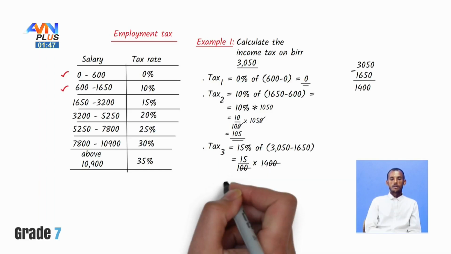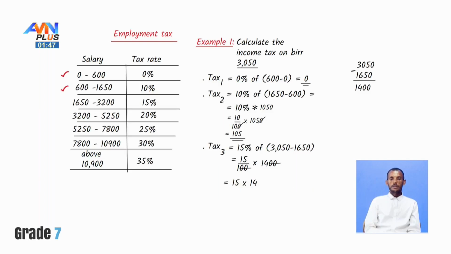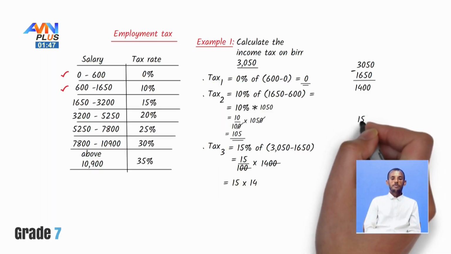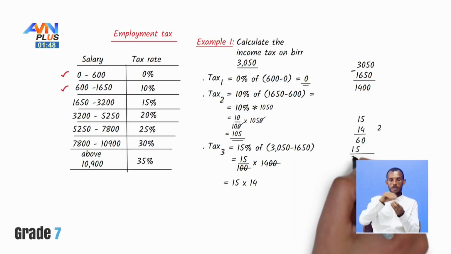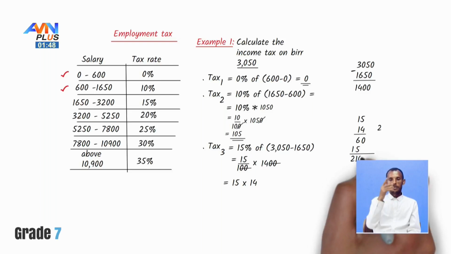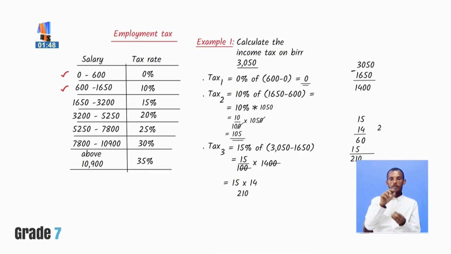So this will be 1,400. Just cancel zeros, you have 15 times 14. Let's multiply these two. 4 times 5 is 20. 4 times 1 is 4, plus 2 is 6. 1 times 5 is 5. 1 times 1 is 1. 0, 6 plus 5 is 11, 2.